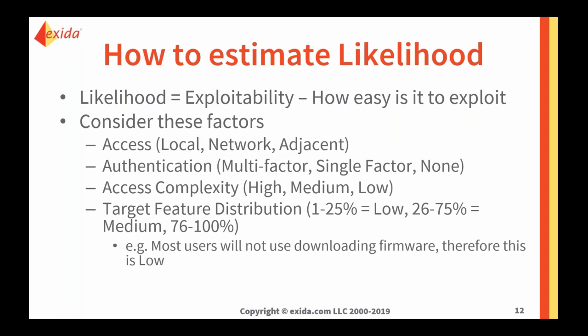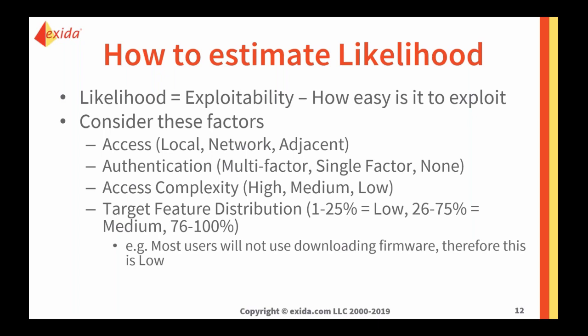How easy is it to exploit a given threat? Some factors you can look at are shown here. One is access to the system. Do you have to be local? Do you have to be physically at the system in order for this threat to be achieved? Or can you achieve it from a network attack, so you could be thousands of miles away? Or do you have to be adjacent?